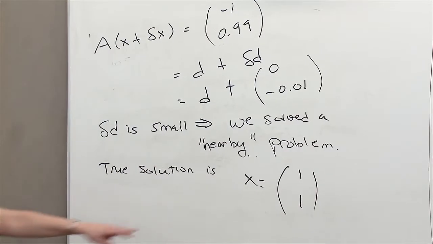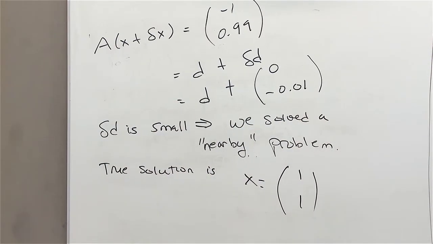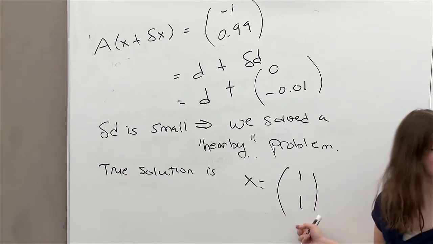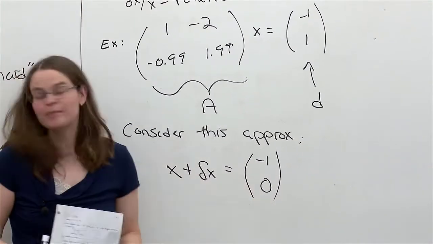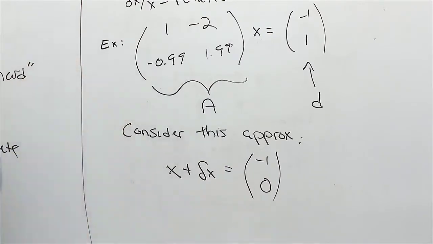You can easily plug this in here and verify that indeed this gives me the correct right-hand side. But the other thing that you can notice right away is that 1, 1 is not very close to minus 1, 0. If I'm looking for that solution and you give me this solution, I'm probably not very happy with you.